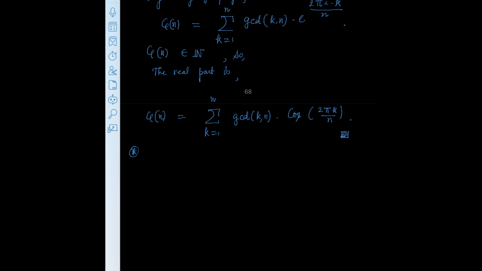A very special series about this totient function.